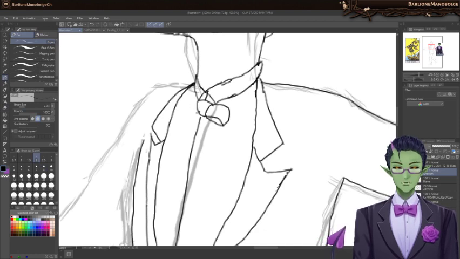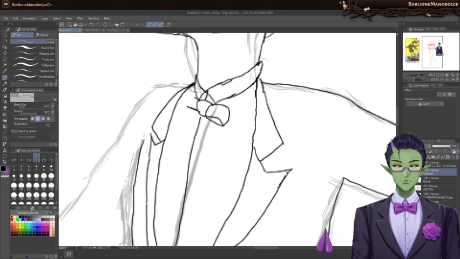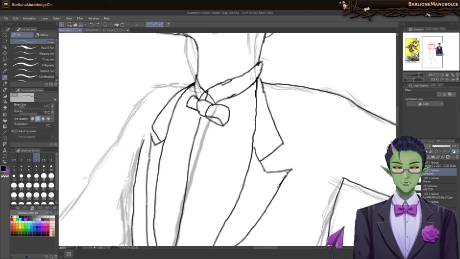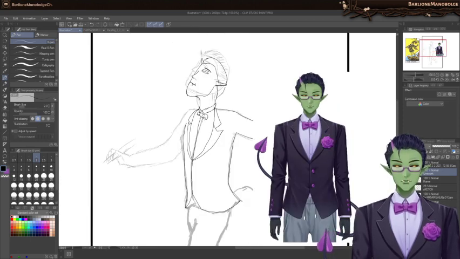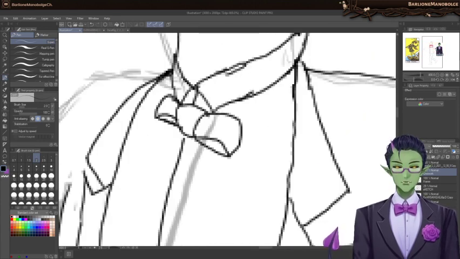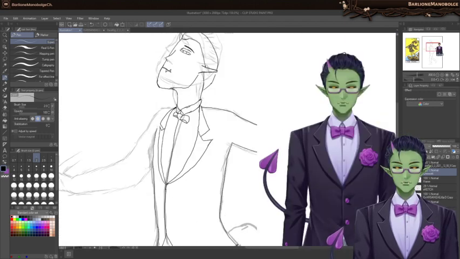Somehow, some way. Maybe one day I'll be satisfied with this bow tie. I don't think today is going to be that day. Can't spend too long dwelling on this.